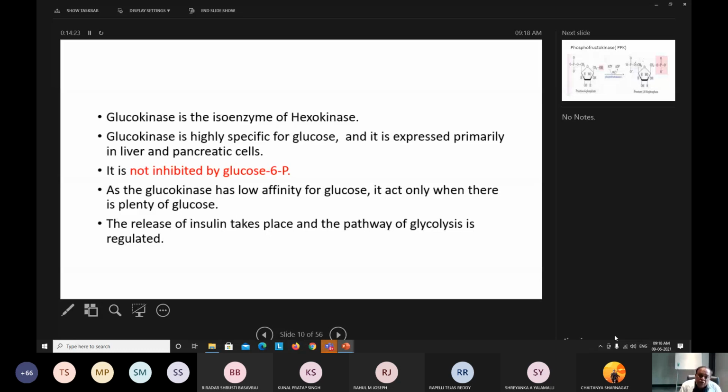In the first part, you should understand that the regulation takes place at the first step, glucose getting converted into glucose 6 phosphate. Glucose 6 phosphate, the product, inhibits hexokinase, whereas it does not inhibit glucokinase. And if there is more glucose, insulin is released and the glucose level will be regulated.